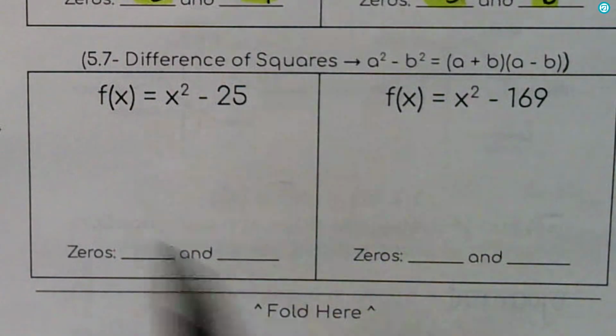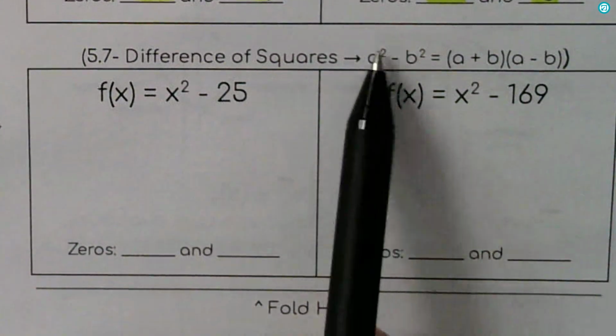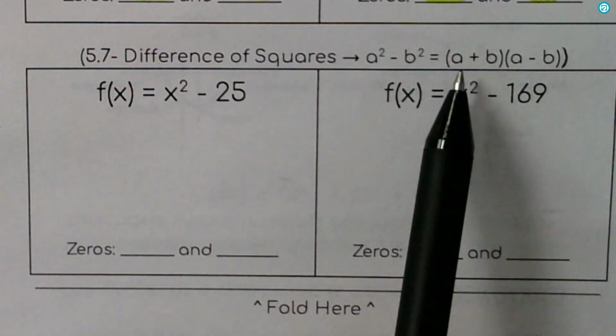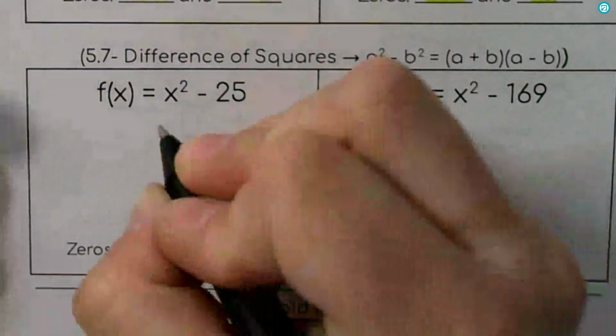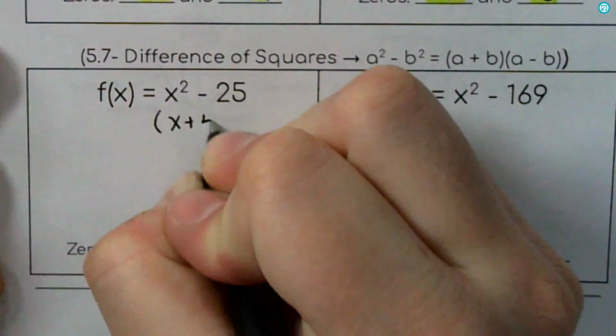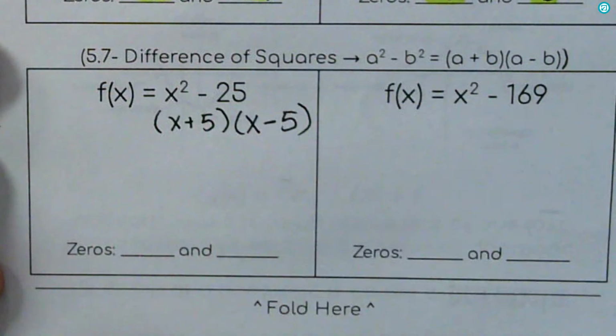Okay, so if I want to factor this, x squared minus 25, anything squared minus anything squared, a difference of 2 perfect squares, I find what the square roots are, and I do a plus b and a minus b. So my factored form of this one, what's the square root of 25? 5. So it's going to be x plus 5 times x minus 5. And that's it.